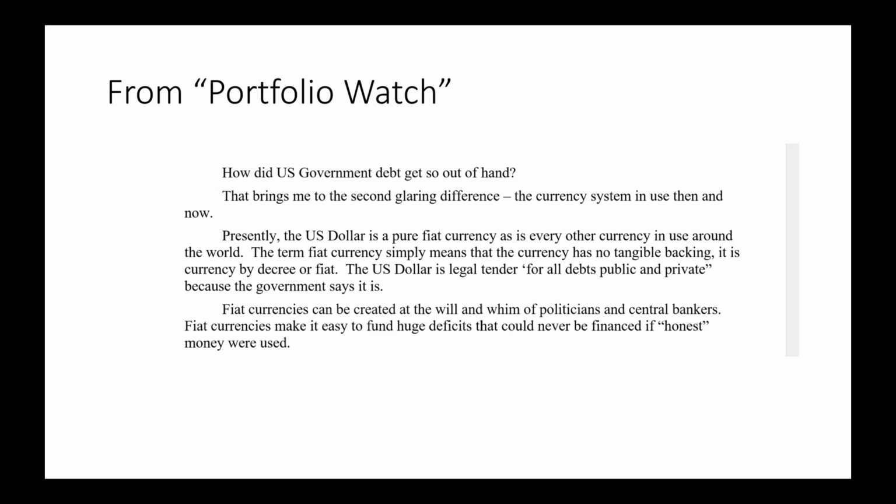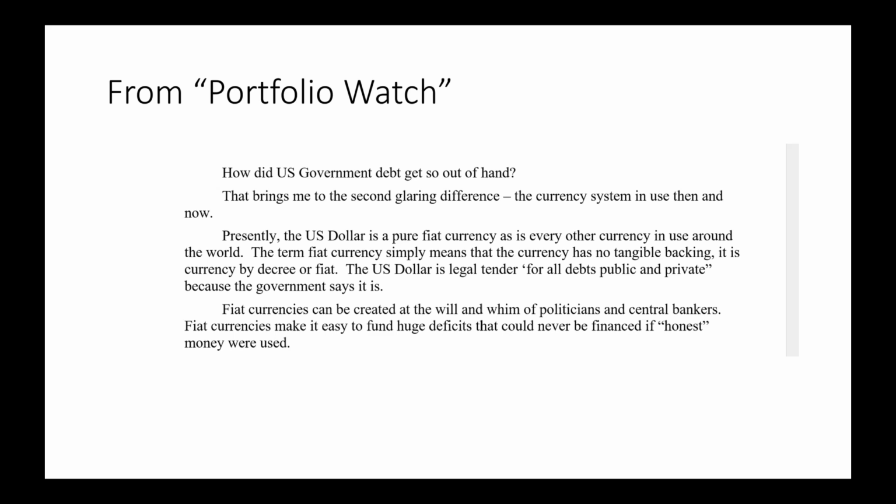Keep in mind, in 1929, the US dollar still had a link to gold. There were still one ounce gold pieces that circulated as currency that were worth $20. Now today, the US dollar is a pure fiat currency, as is every other currency in use around the world.